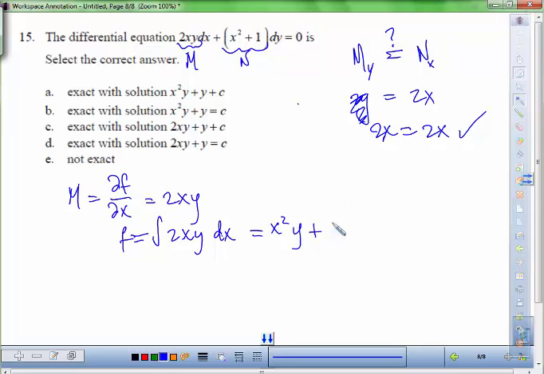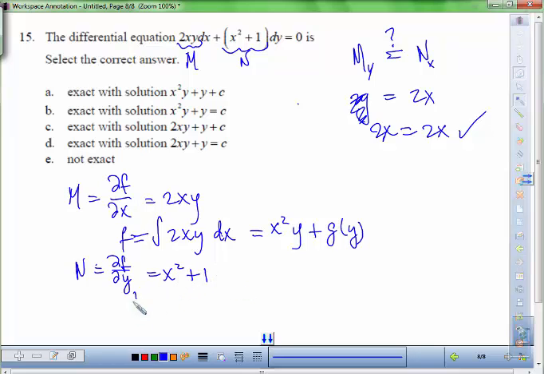Plus some function. It could be a function of y, as long as there's no x's in there, since x was treated as a constant. So there's a possibility that there's a y in there. So you take your N function and do the same thing, assuming that this is the derivative of some function with respect to y.